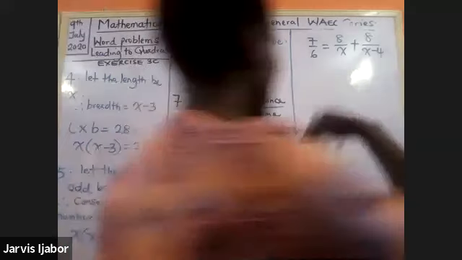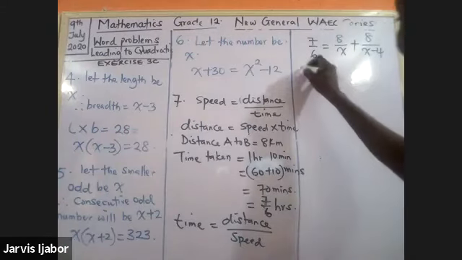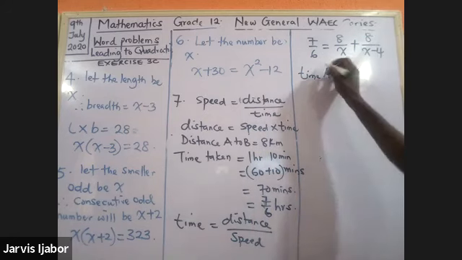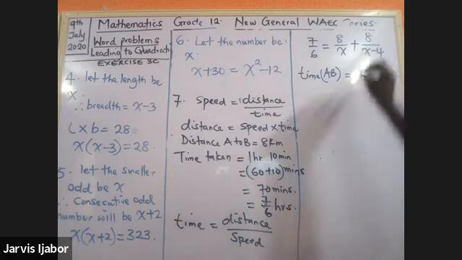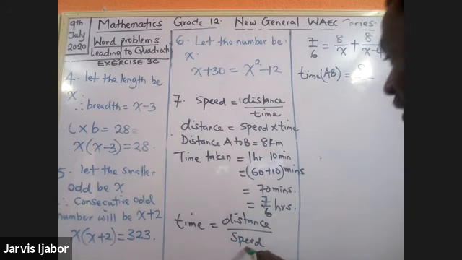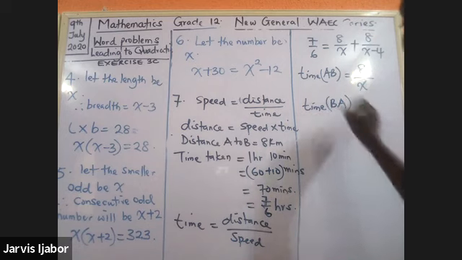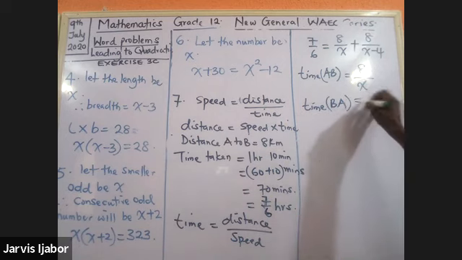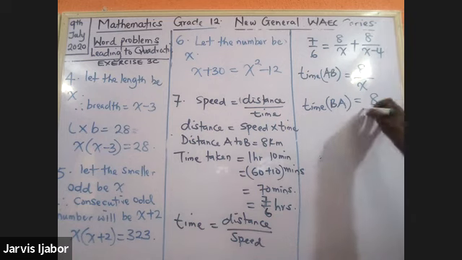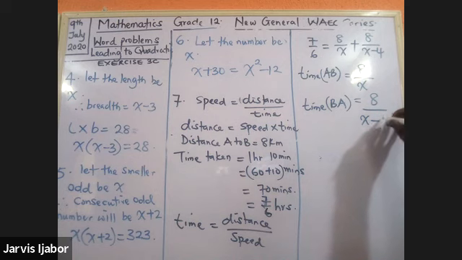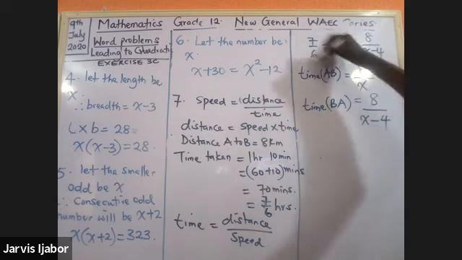Maybe I should do a little narration. Now look at the time AB, that's going from A to B. It is the distance 8 over the speed, which at that time is x. Now time BA, that's moving from B to A, will be equal to the distance, which is still 8, over the speed, which this time around is x minus 4. Now remember that the total time taken is this.